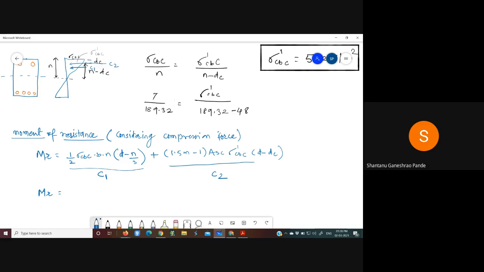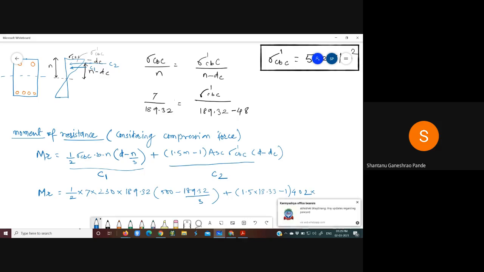Tell me the value of moment of resistance now. Half sigma CBC 7, B is 230, N is 189.32, D is 500 minus 189.32 by 3, plus 1.5 into 13.33 minus 1 into ASC is 402 into sigma dash CBC, it's 5.22, multiplied by D minus DC, D is 500 minus DC is 48.